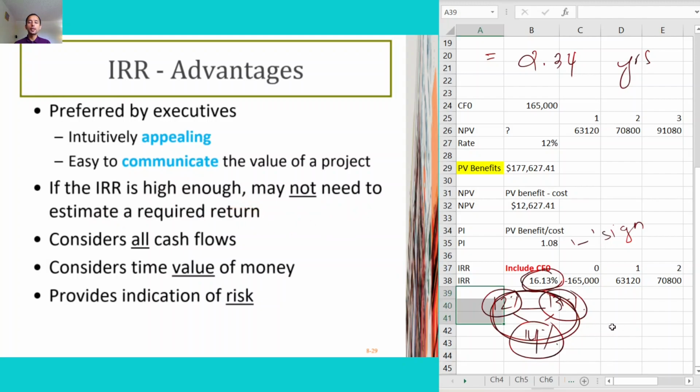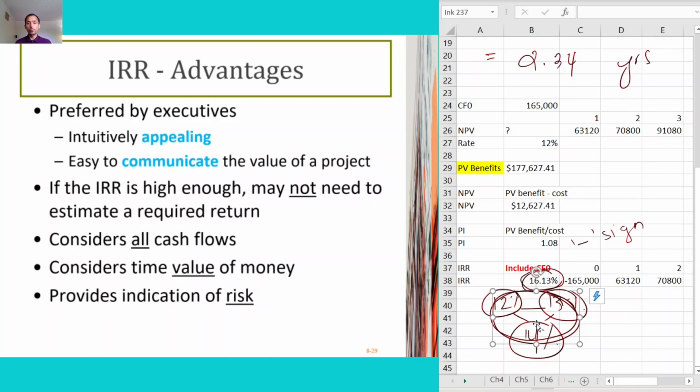So what it is saying is, normally what we do is compare this IRR with our expected rate of return. If the IRR is more than the expected rate of return, accept. And if you look at this 16.13, let's say you examine this project and your IRR is 16.13, then you may not even need to look at what our actual required rate of return is, because 16.13 is already a very high rate of return.